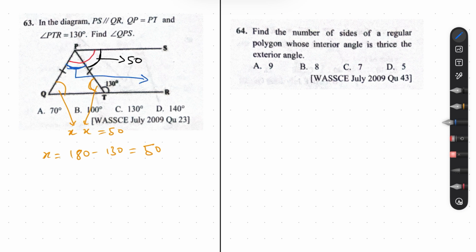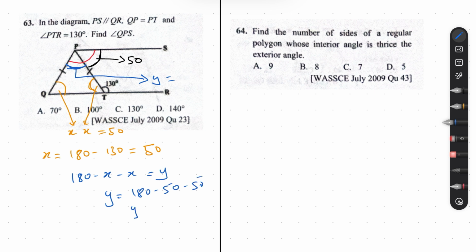Now, how do you find this angle? We find that angle by subtracting these two angles from 180, because the angles add up to 180. And we know these angles will be x and this x. So we can subtract that from 180 to get this angle. Let's call that angle y. So y is equal to 180 minus 50 minus 50.